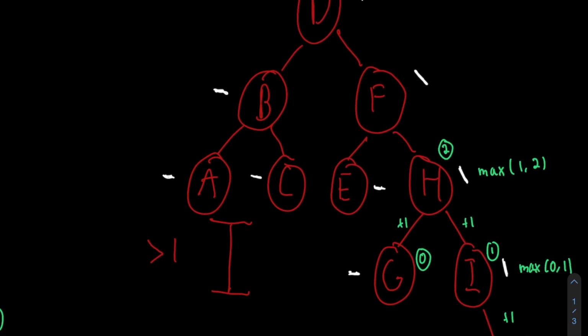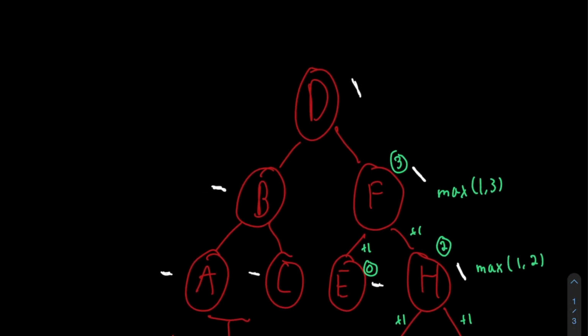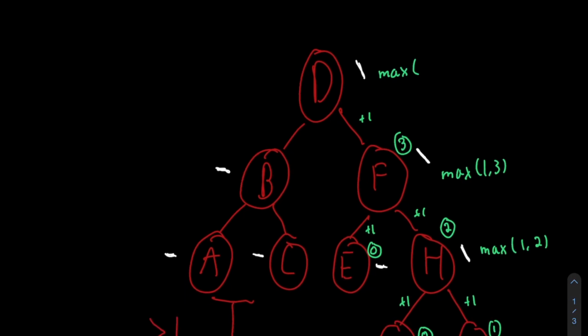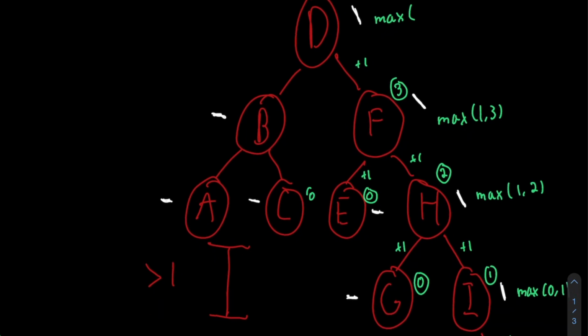And as we go up, this is going to be 0 once again. You're going to add 1, and we're going to do max of 1 comma 3, which is just 3. As you go up once again, you're going to add 1, and you're going to do max of, well, there's a height of 2 over here. We didn't even get to that, so this is going to be 0.